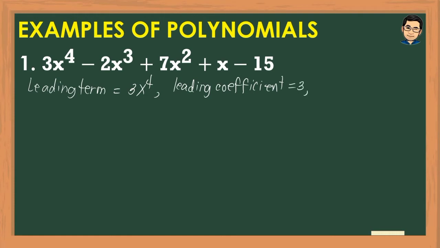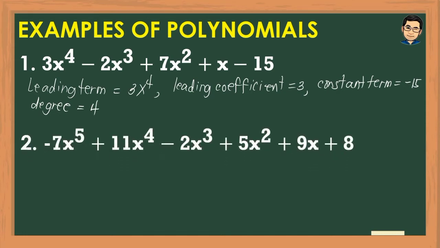What about the constant term? The constant term is usually written at the end of every polynomial, so it is negative 15. The constant term has no variable. And the degree of the polynomial is the highest degree, so the degree here is 4.